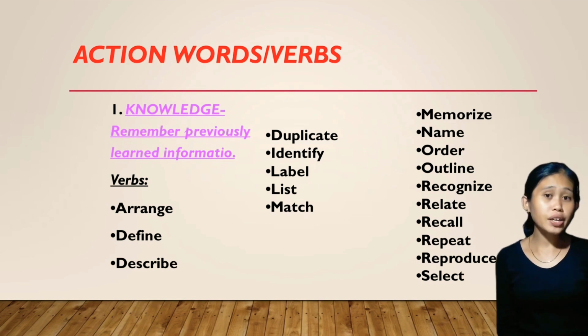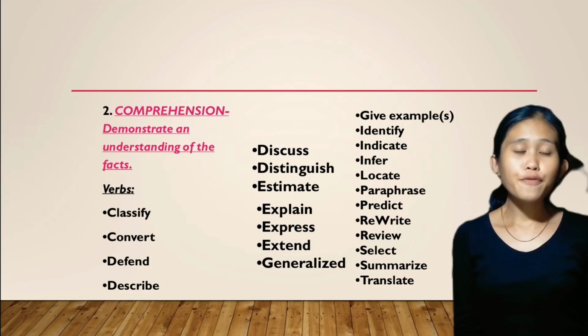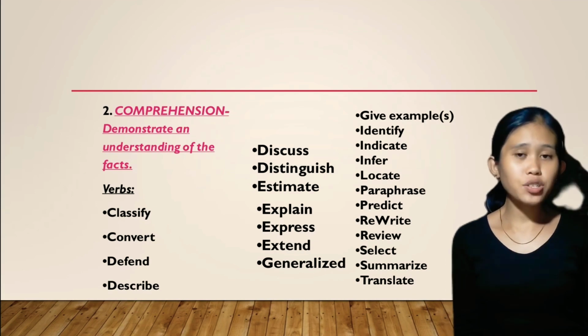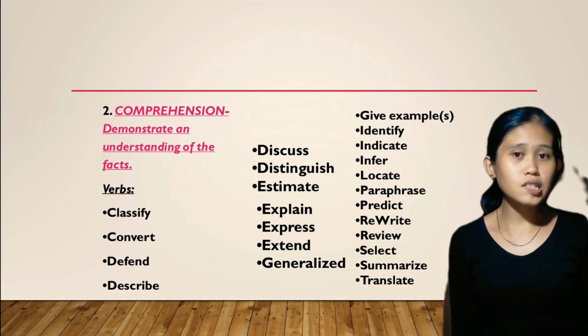The verbs are arrange, define, describe, duplicate, identify, label, list, match, memorize, name, order, outline, recognize, relate, recall, repeat, reproduce, and select. For the number 2, comprehension, demonstrate an understanding of the facts.